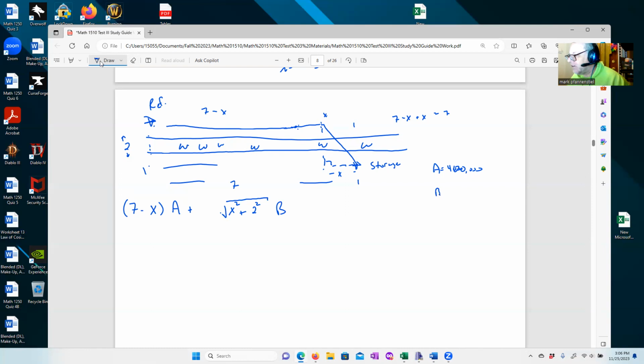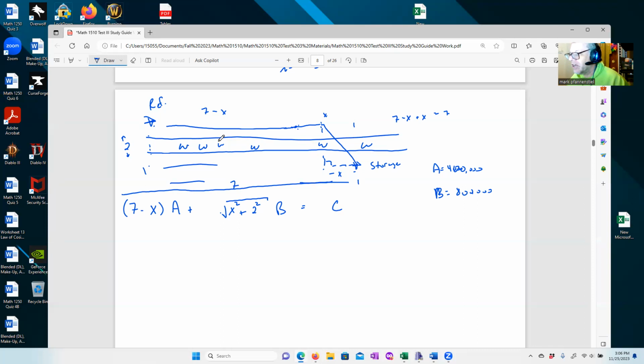B is going to be 800. If you really wanted, we could say that b is twice a, and go even further along with what's going on here. But this is going to be my total cost of the river, so that's the cost of putting this pipeline down.